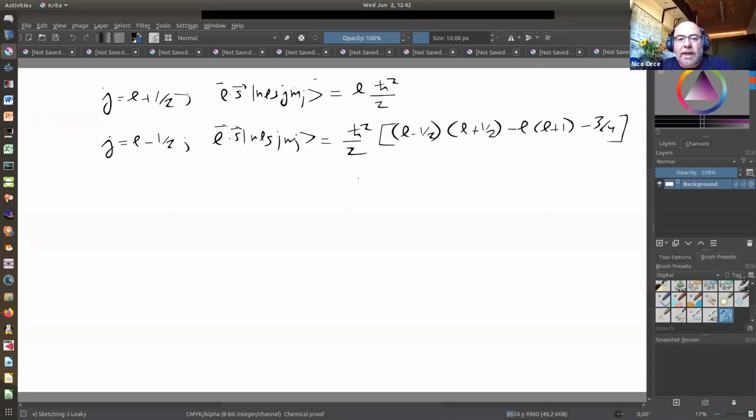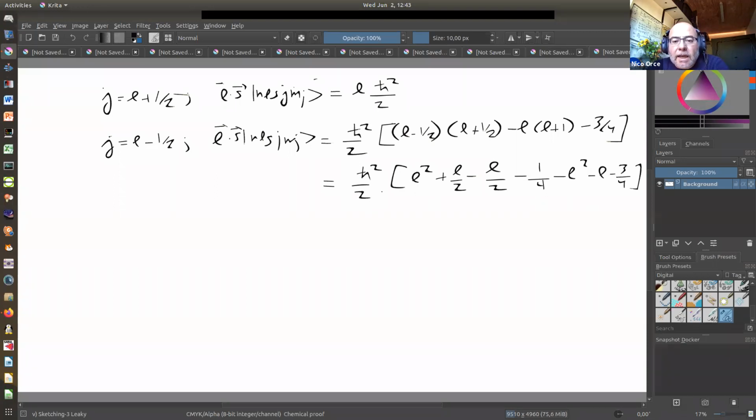And this will yield h bar square over 2, l square plus l/2 minus l/2 minus 1/4 minus l square minus l minus 3/4. See?